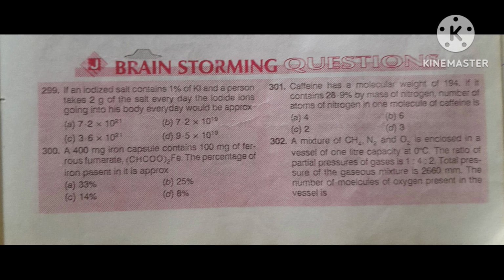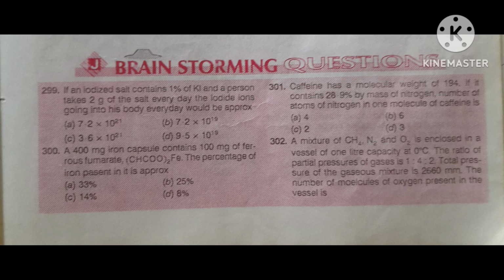So 170 milligram contains 56 milligram iron, then 1 milligram contains 56 divided by 170, and then for 100 milligram, you multiply by 100.